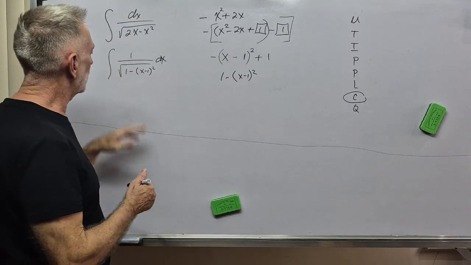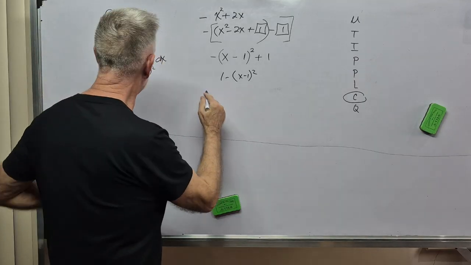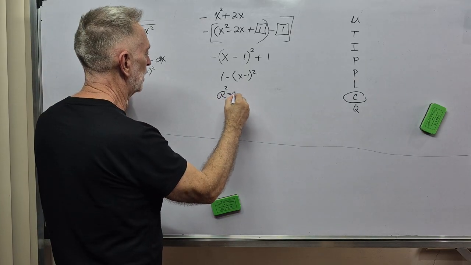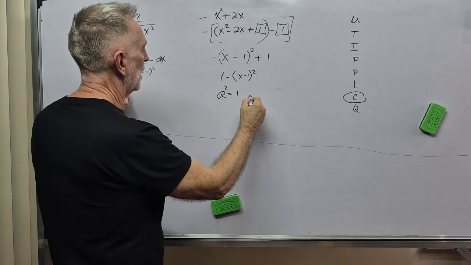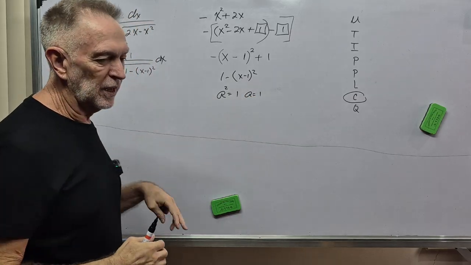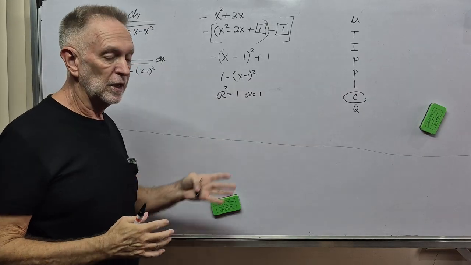To me, this looks like a sine function. So I'm going to let this term be a squared equals 1. Obviously a equals 1. Some people will write me and say, if it's 1, why are you going through this process?